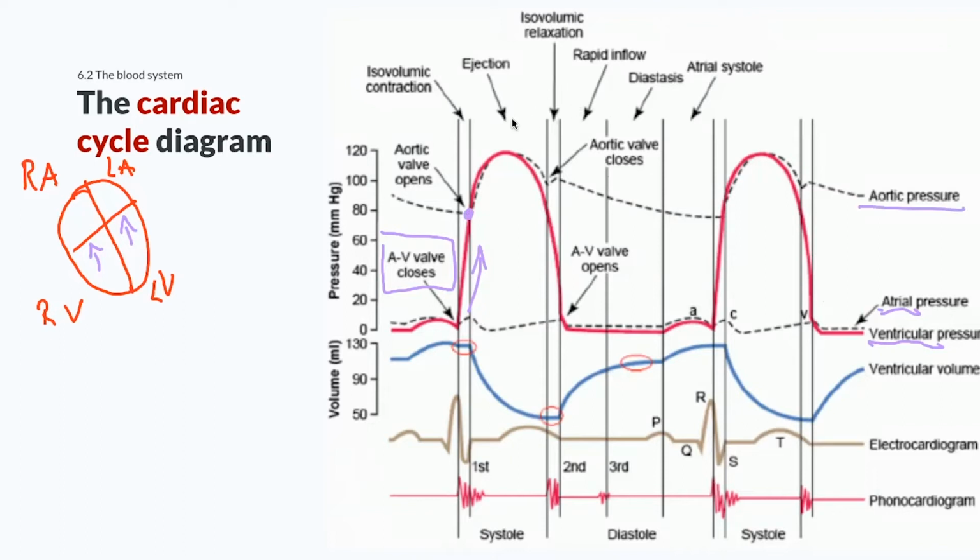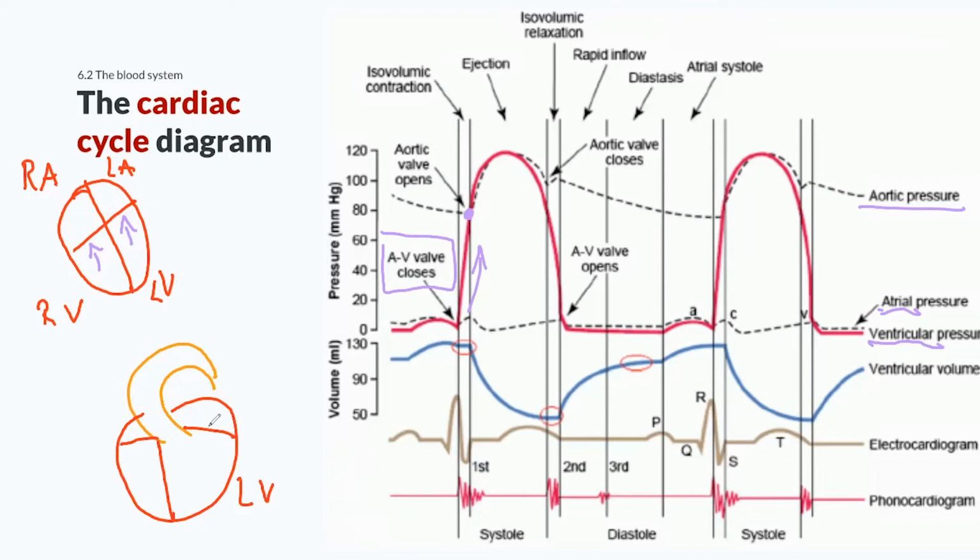Let me draw a different heart here. We have the aorta, which is the artery that carries blood out of the heart. I'm going to draw this weird heart like this. I don't care much about what's going on in the other parts of the heart. I just want to see the left ventricle, right?